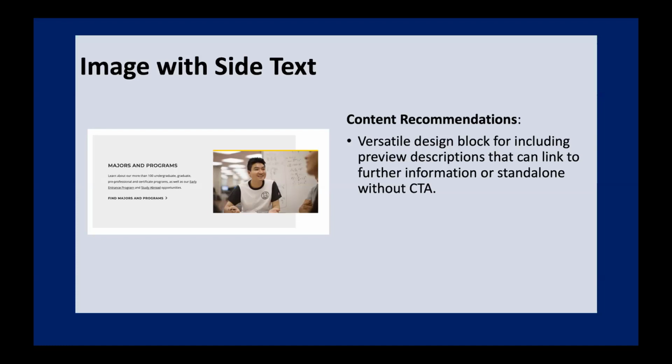It includes preview descriptions that can link to further information through a call to action link or button, or you can not use a CTA and have it as a standalone. You have space for a dramatic visual, and you want to use minimal copy, which I'll get to in the next couple slides.